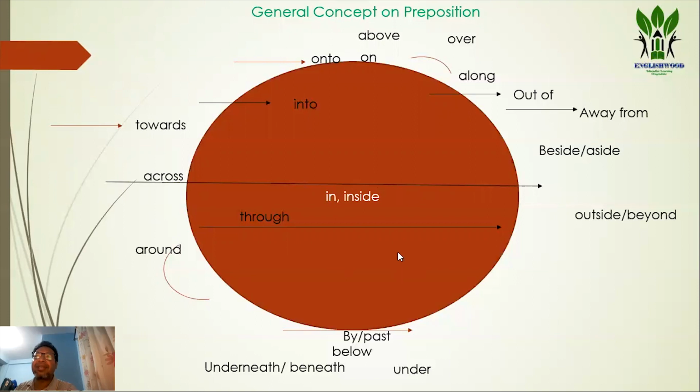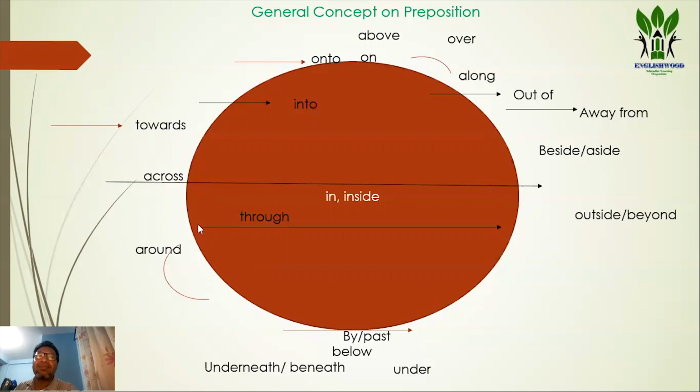If something goes along this line, then along, and if something goes out of it, then out of, or away from. Something by the side is beside or aside, and something outside is beyond or away. If something passes very near, then by, or past. And something moving around it, we say around.